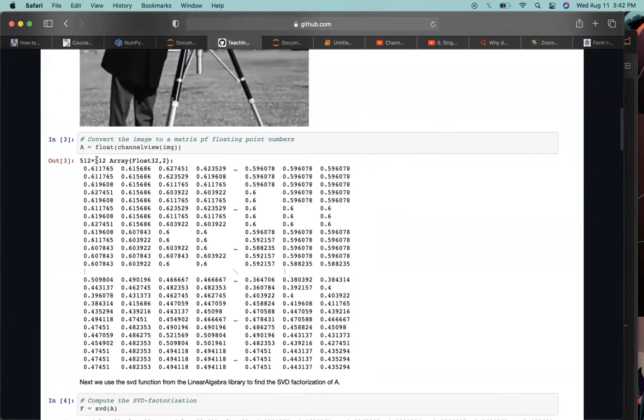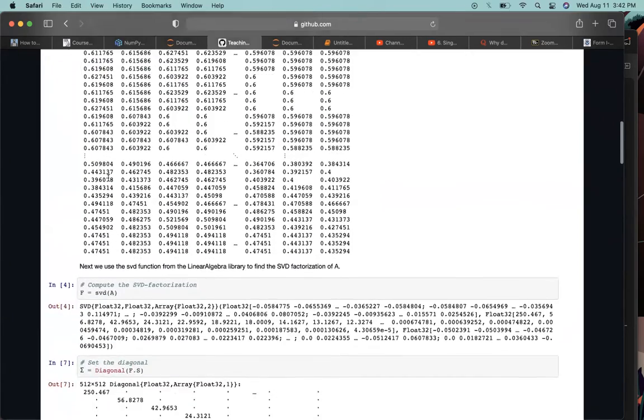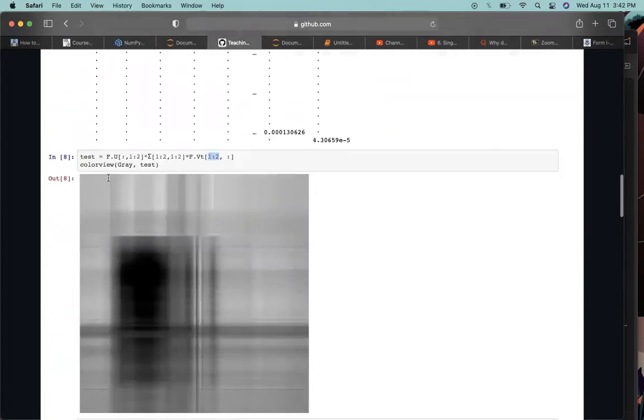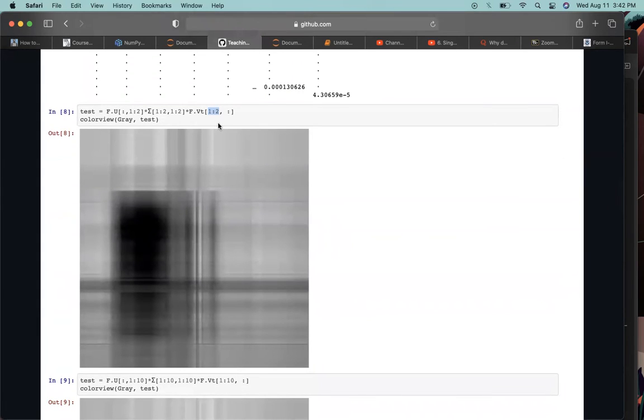Now think about that. This is a 512 by 512 matrix, and if we convert the matrix back to a picture, we're able to somehow view it just by using the first 2 singular vectors and singular values. What about if we use the first 10?